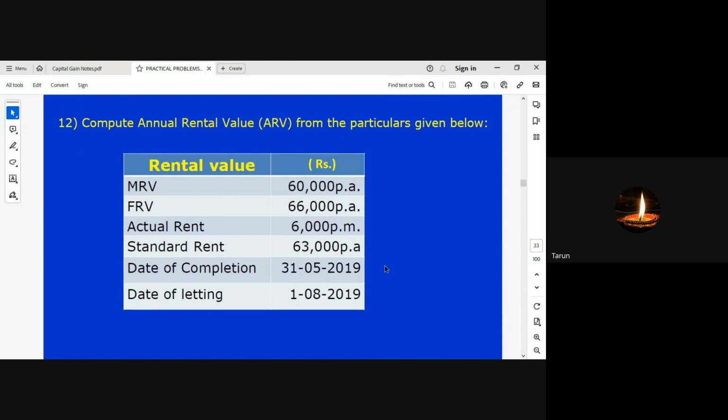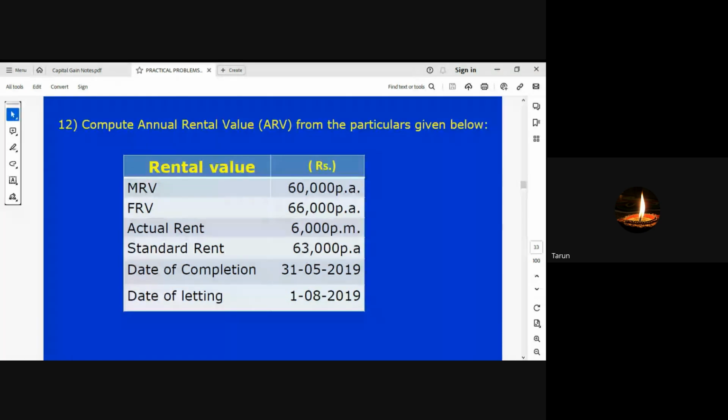That is June, July, August, September, October, November, December, January, February, March. So there are only 10 months, as the financial year ends on 31st March. So the 10 months will be considered in this particular question.